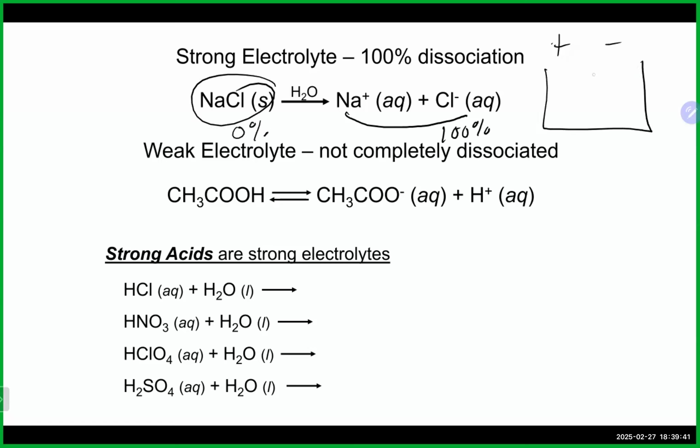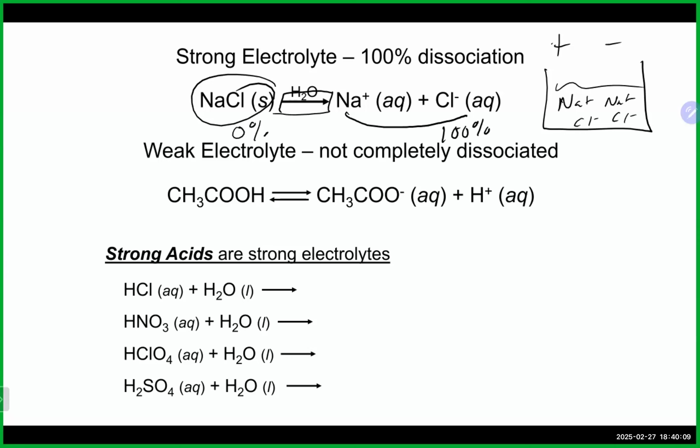So if you were going to look at this, basically all you would see in this solution are ions floating around. No whole units still together. That is why it's considered a strong electrolyte because, frankly, you could think of it like this. It's a one-way street, basically. Everybody's going to dump out on the product side. Nobody's really coming back the other way. It's just going to completely break apart and produce a lot of ions really quickly.